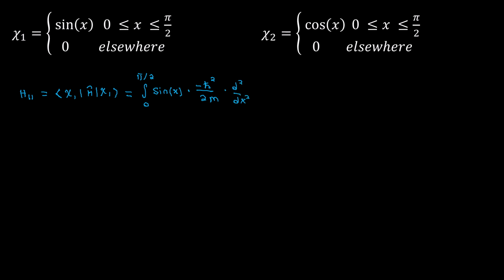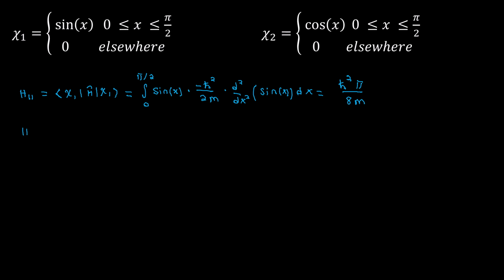And we're going to apply that second derivative to chi1, which again is sine of x. And we're going to have a dx. Plugging this into an integral solver, what we end up finding is that this is h bar squared pi over 8m. So that's our top left element.